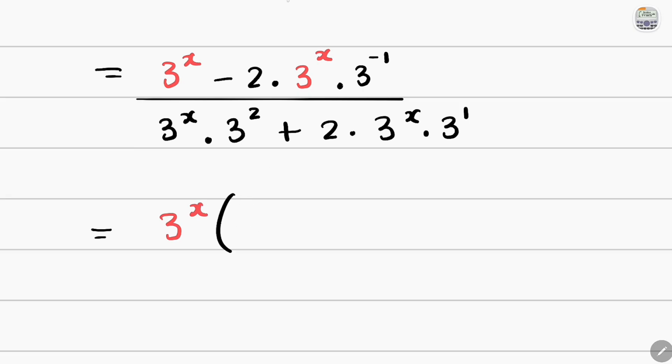And what are we left with in the first term? Well, what would you multiply to this to get back to that? You'd multiply by 1, because it's just the same. So this times 1 just stays that. And then what would you multiply to this to get back to that? You would multiply by the minus 2, then times 3 to the power of minus 1. We can convert this at this point.